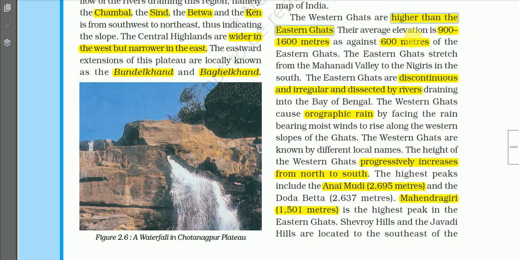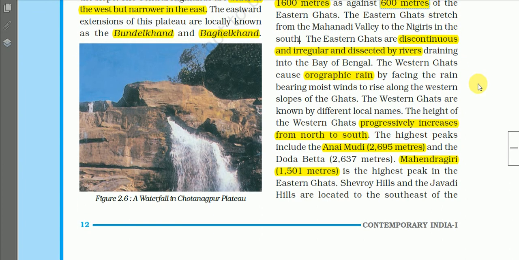The height of the Western Ghat is between 900 and 1,600 meters, whereas the height of the Eastern Ghat is only 600 meters. The Western Ghats cause orographic rain by forcing the rain-bearing winds to rise along the Western Ghats.